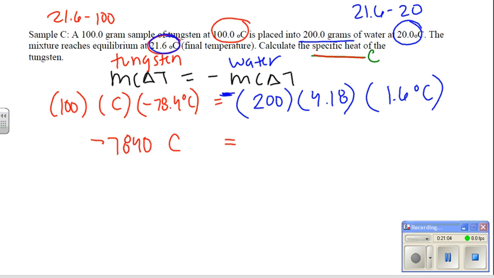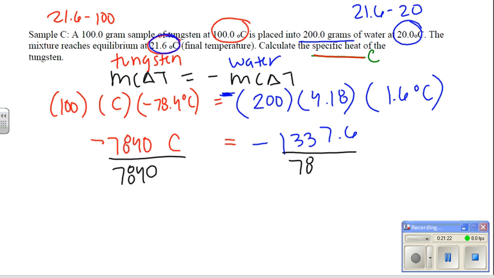So when I multiply, I get negative 1,337.6. Easy enough to solve for. I just divide both sides by 7,840. Don't forget, it needs to be negative. Okay, your signs are very important.